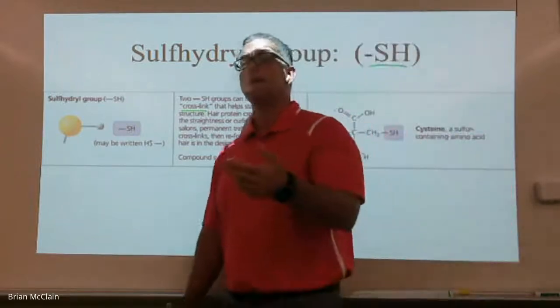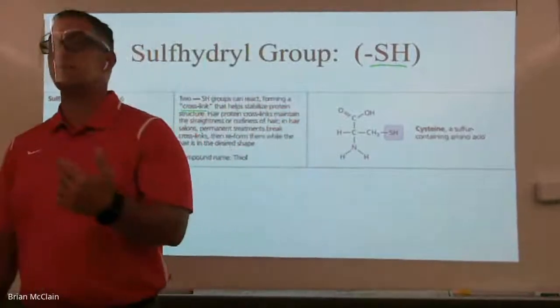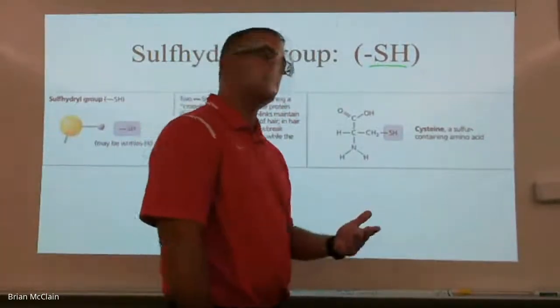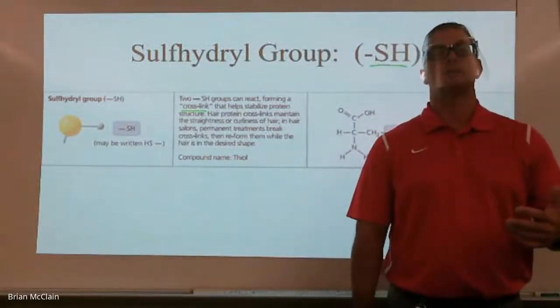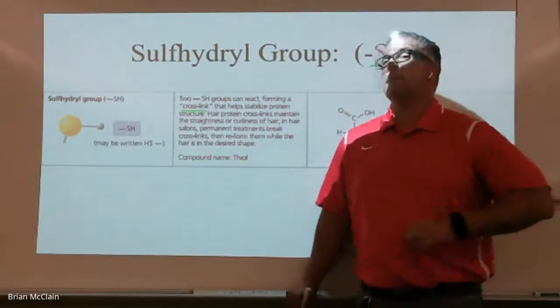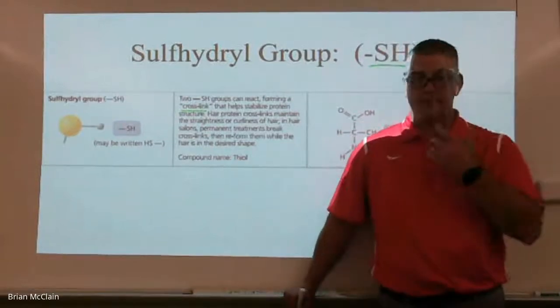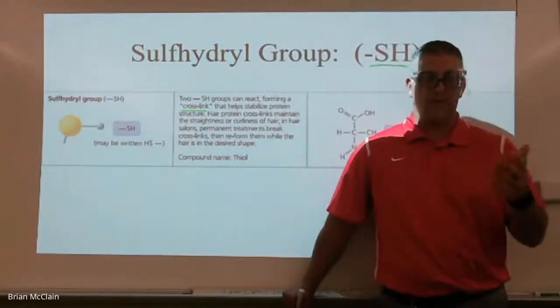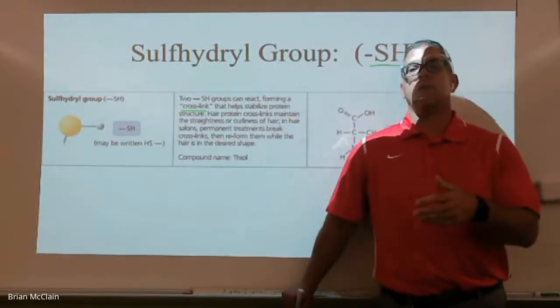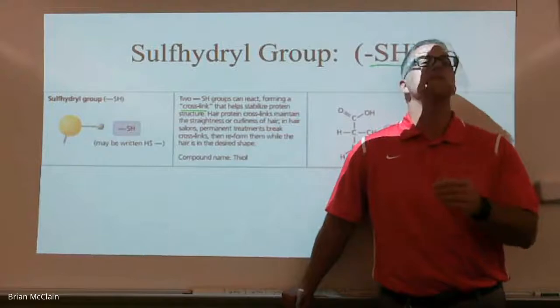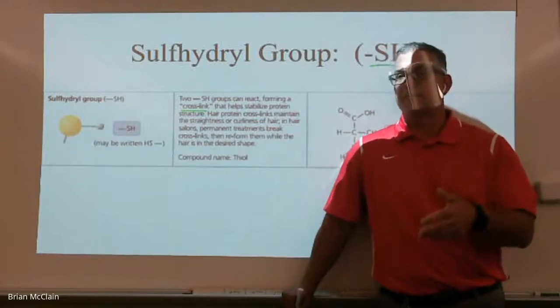So what do you think you're doing? You're breaking some of those cross-links and you're forcing it to reform in a way that is maybe not the natural configuration. Somebody that has naturally curly hair, which there are people in my house that have that, not me, if they straighten their hair with one of those straightener devices, it doesn't stay that way forever, right?